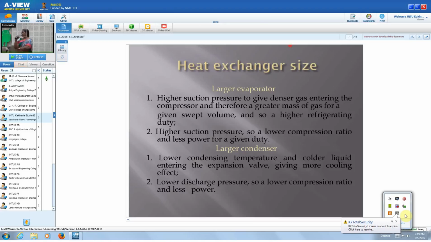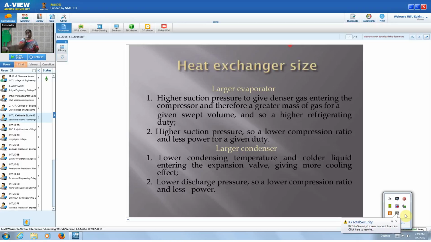A larger evaporator is required whenever the temperature required in the evaporator is very low. For example, if minus 40 degrees centigrade is the required temperature in the evaporator, then the size of the evaporator required will always be more compared with an evaporator temperature of 0 degrees centigrade.